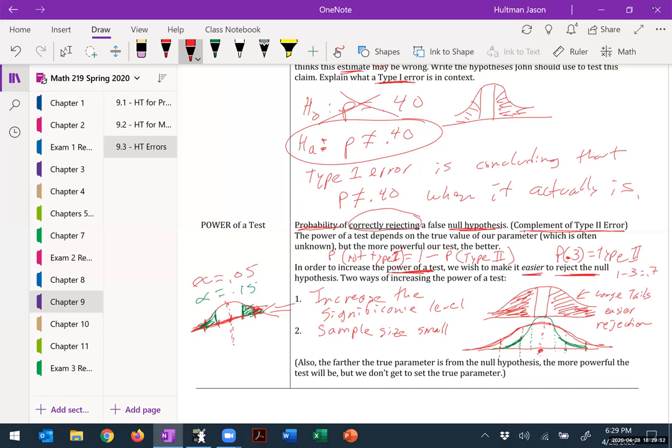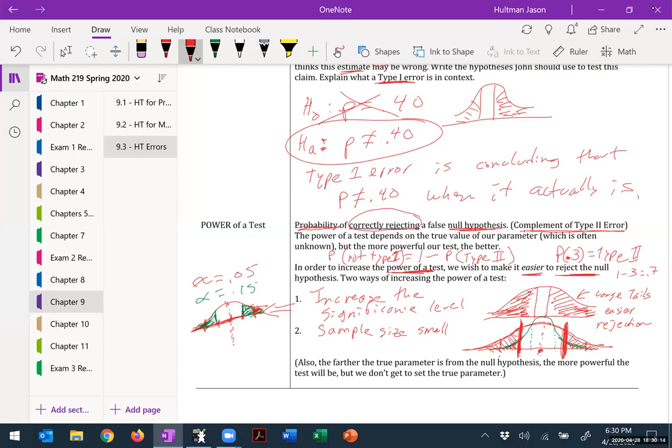If the sample size is small, then if I choose a certain value to cut off for my small sample size, I get really big tails.